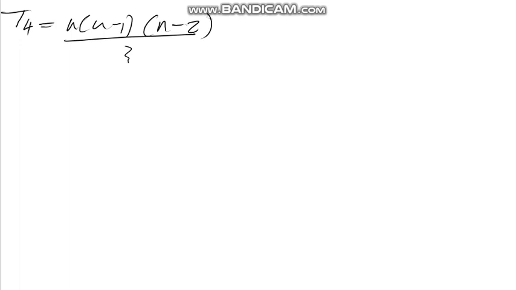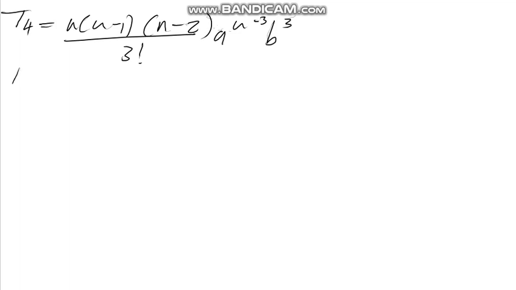Then let's go to the last one. T4 will be equal to n open bracket n minus 1, n minus 2 divided by 3 factorial, and then a to the power n minus 3, b to the power 3.